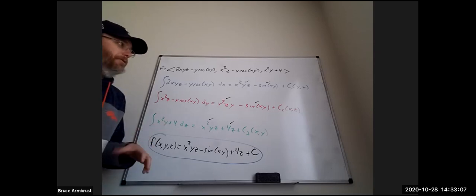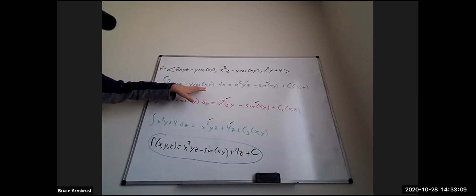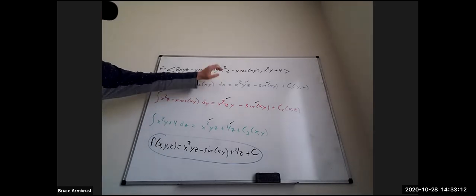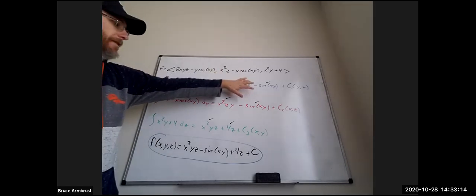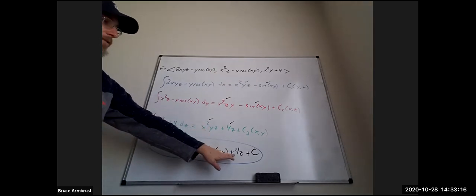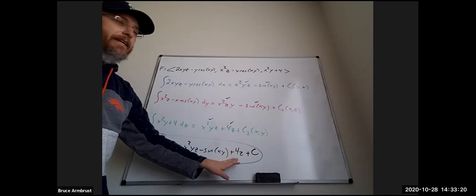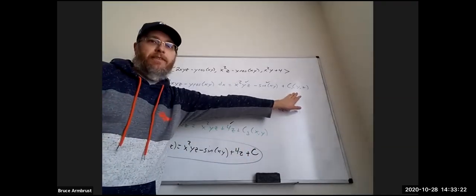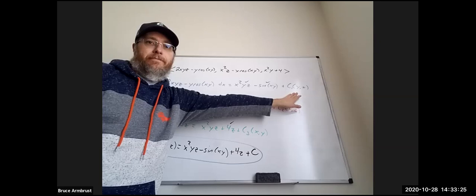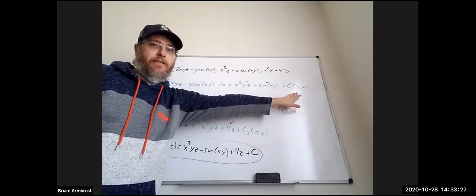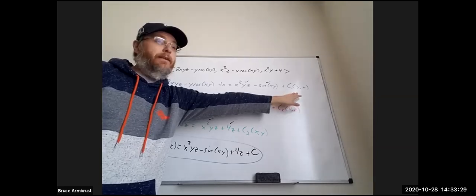So I want you to notice, look at the blue one, the one that had to deal with the dx. It had the x squared yz, the sine of xy, but it didn't have the 4z. That 4z was part of this constant. That's constant as far as x is concerned, and so we lost it.